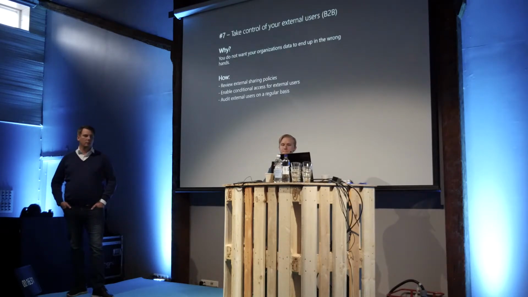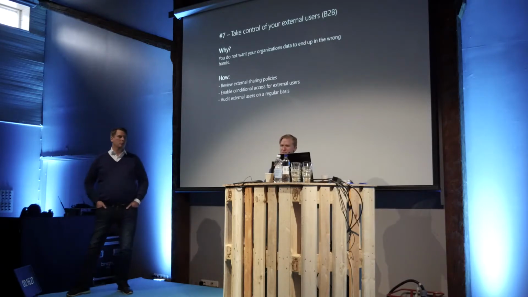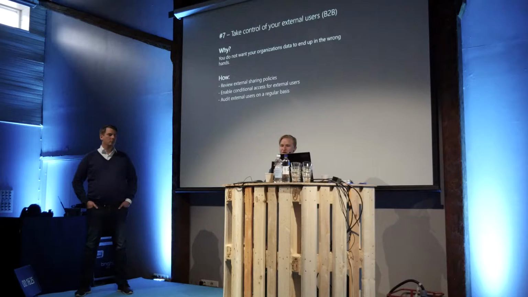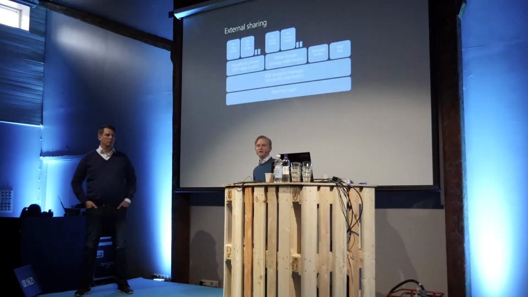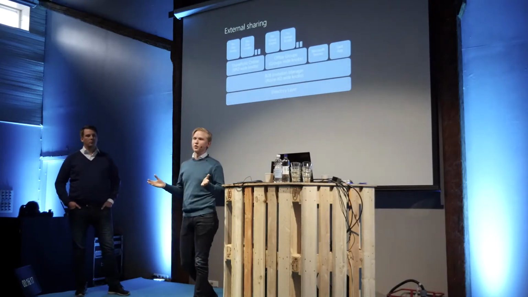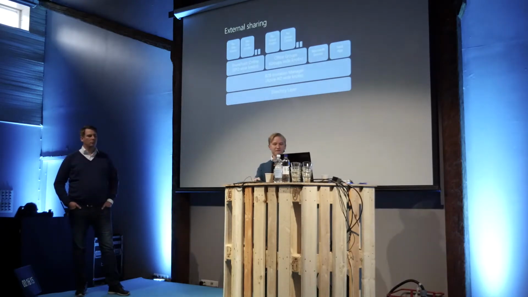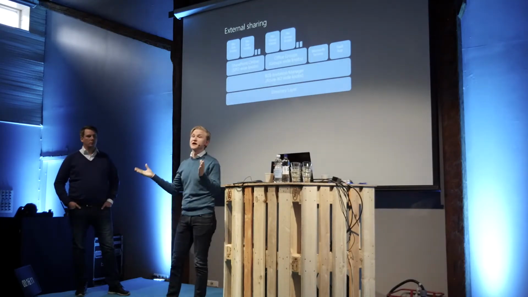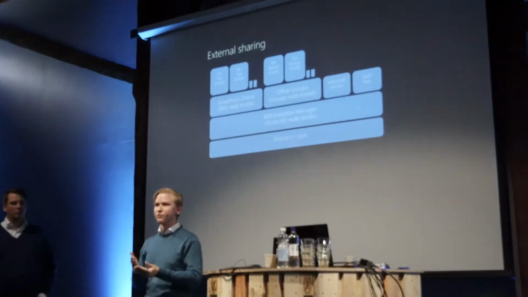And for external sharing policies, it's quite difficult, to be honest, in Office 365 and Azure AD, because there are different layers where you actually can enable this. So first of all, and I will show you this, you have one global setting that says basically external sharing on or off on an Azure AD tenant level.